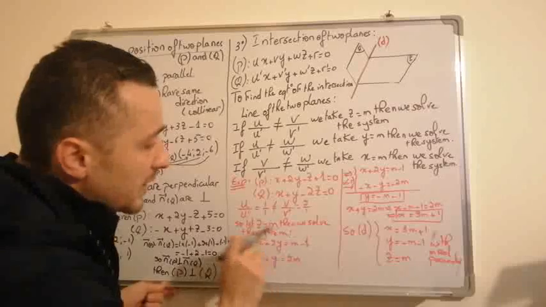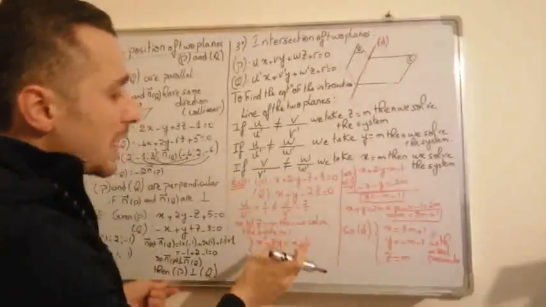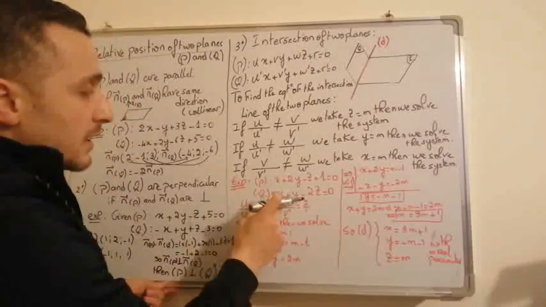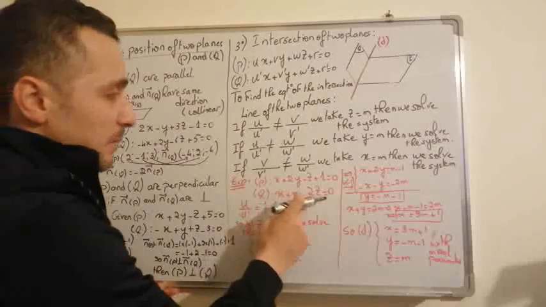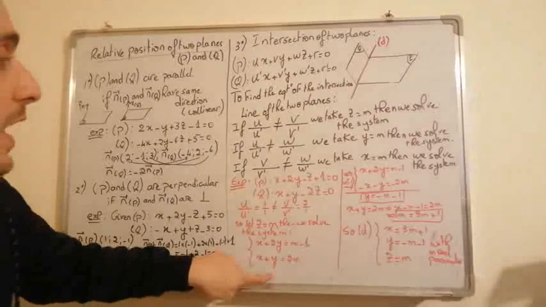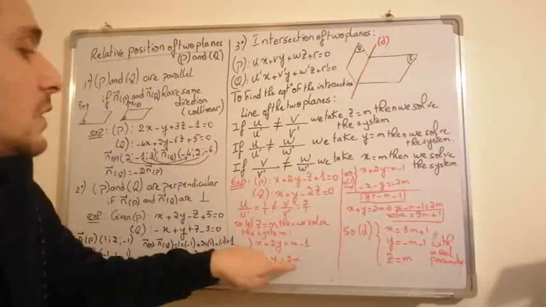So x plus 2y equals, I moved the m over there, meaning I isolated x and y by themselves, so what do we have in the second line? m minus 1. In the second plane, x plus y minus 2z equals 0. x plus y, we replace z by m, so it equals 2m.